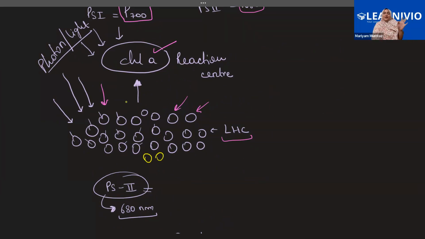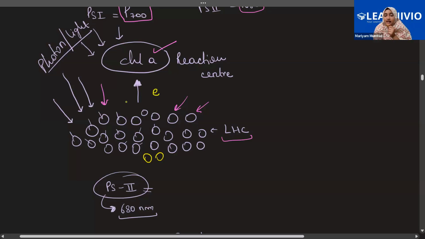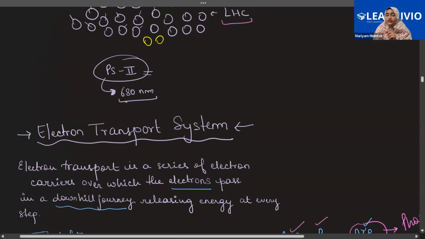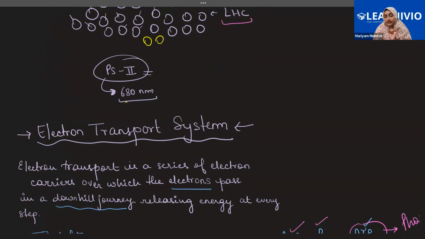Excited means they don't dance and jump along, but excited in the terms of chemistry. You remember relaxed state, excited state, they jump into another orbit, all of those things you might have studied. So now they release the electron. This electron gets released and it is caught by the chlorophyll A reaction center. Talking about the PS2, like I told you, it works at the 680 nanometer range of light.